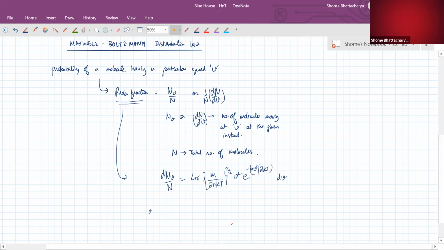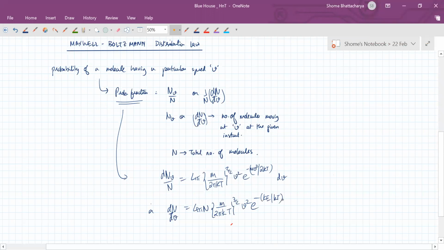So from here you can see that we have dN by dv is 4πN into (m upon 2πkT) to the power 3 by 2 into v square e to the power minus of kinetic energy, that is half mv square divided by kT.